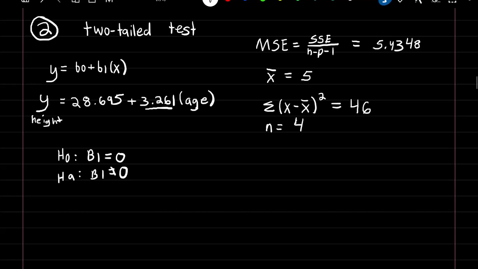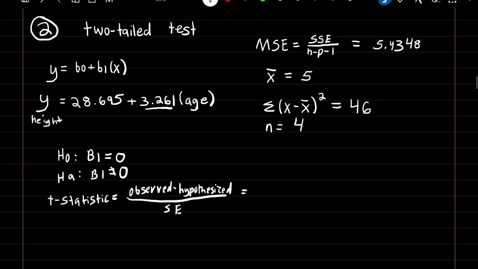So to do a t-test, we first have to get our t-statistic, which is going to be equal to our observed value minus our hypothesized value over the standard error. So our observed value is going to be our predicted beta 1 parameter.